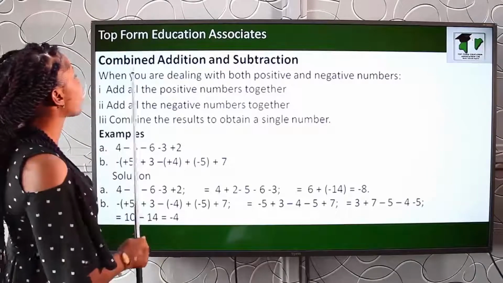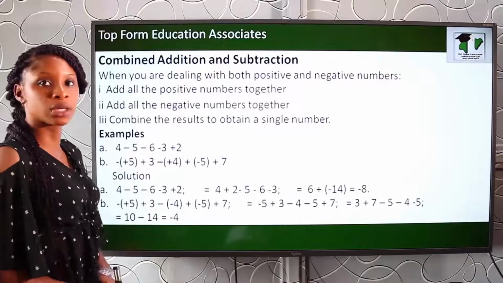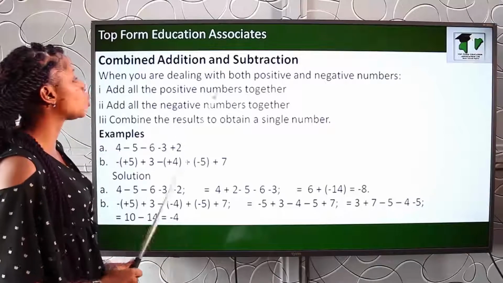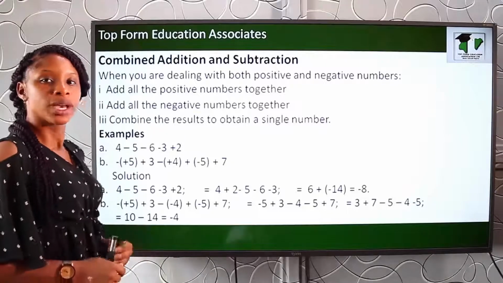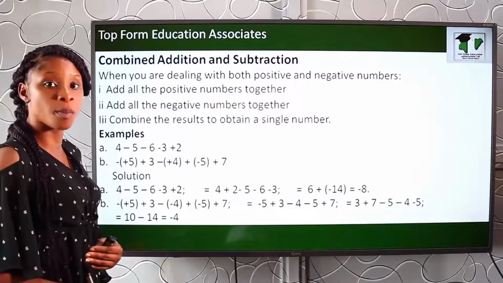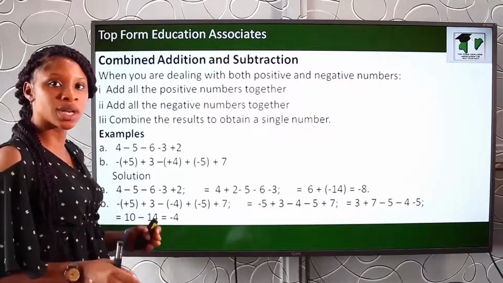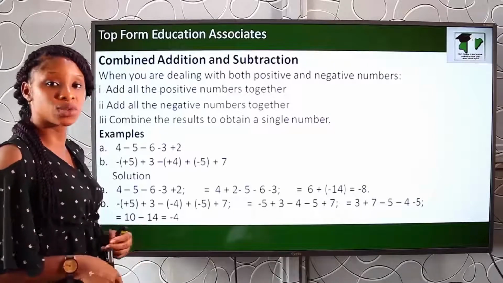Now, let's look at combined addition and subtraction. When you are dealing with both positive and negative numbers, number one thing to do is to add all the positive numbers together. Number 2, you add all the negative numbers together.